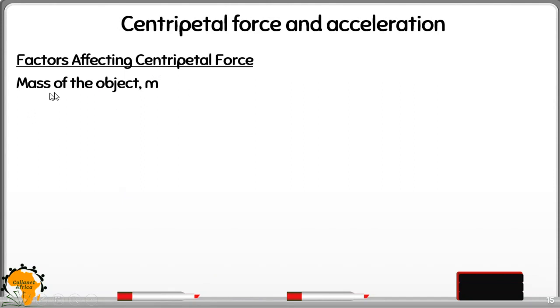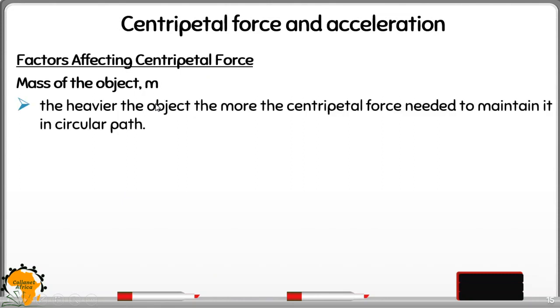Then we look at factors affecting centripetal force. One, we have the mass of the object, m. This one you can do practically. You can have two stones, one that is lighter and one that is a bit heavier, and then you try to wheel them.